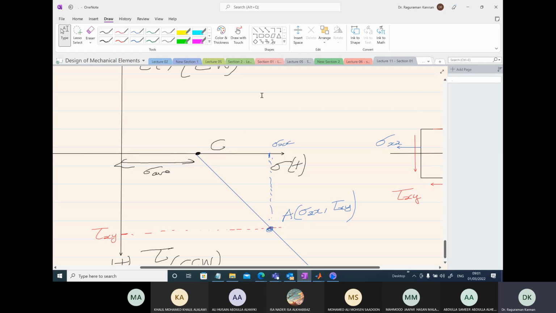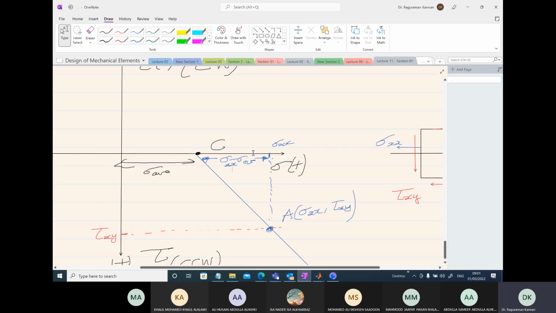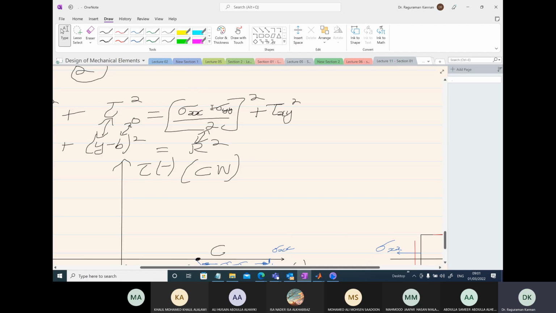If I want the horizontal length over here, I'm going to get this length as sigma xx minus sigma average value. What is sigma xx minus sigma average value? If you calculate it, you are going to get this particular value.